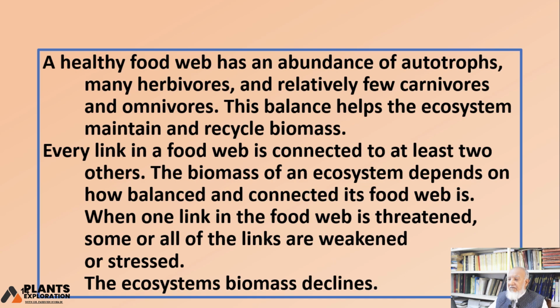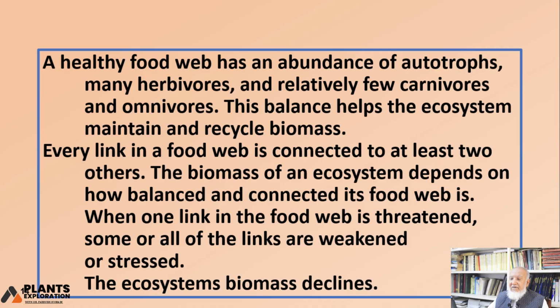The biomass of an ecosystem depends on how balanced and connected its food web is. When one link in the food web is threatened, destroyed, or damaged, some or all of the links are weakened or stretched. Ecosystem biomass declines.